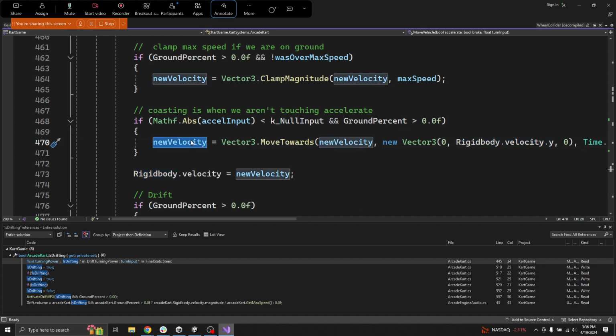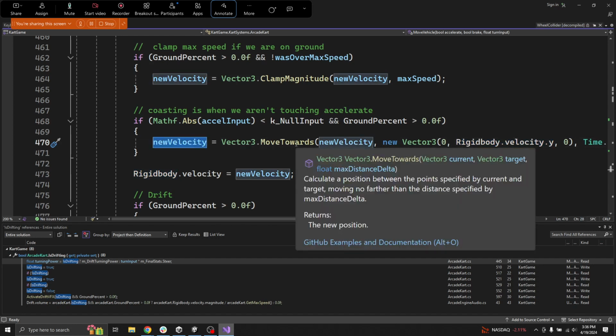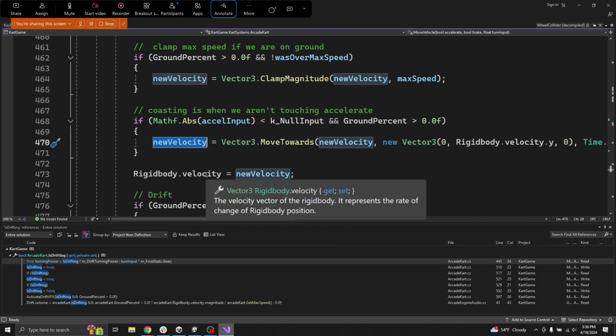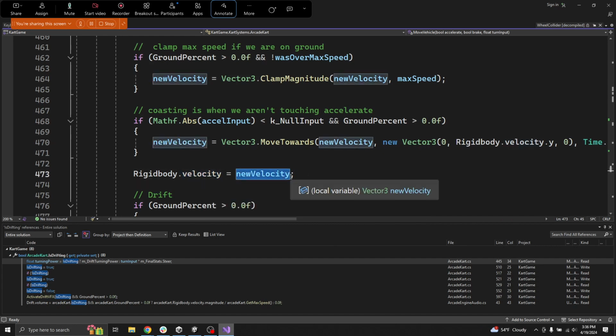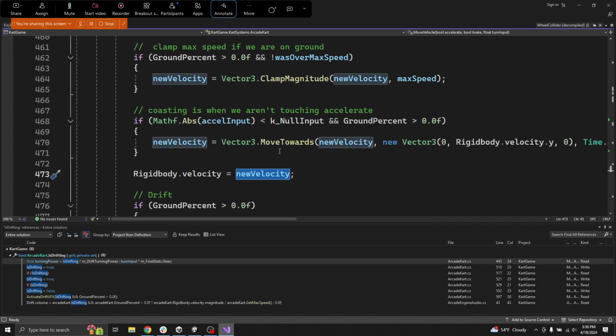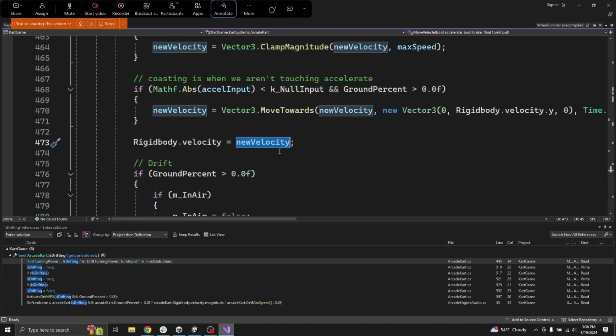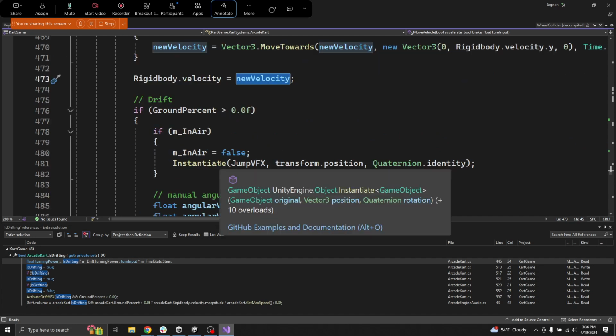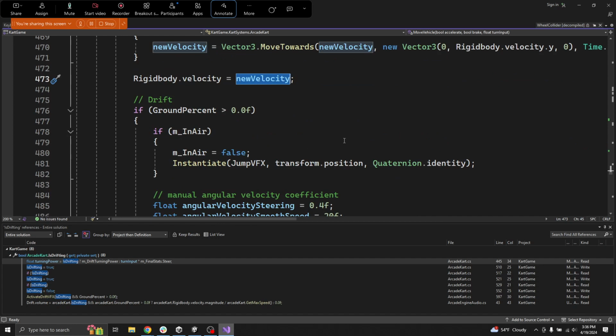But in any case, this gives us a slightly new velocity for our coasting. And then after all that, take rigid body velocity, pass in this new velocity vector into it, and this will be calculated in physics. There's a rigid body, here's the velocity, and then it'll do its physics simulation for that frame and update all the parameters.